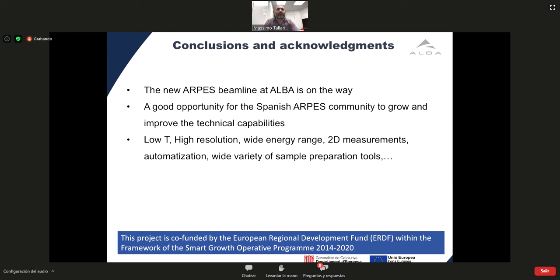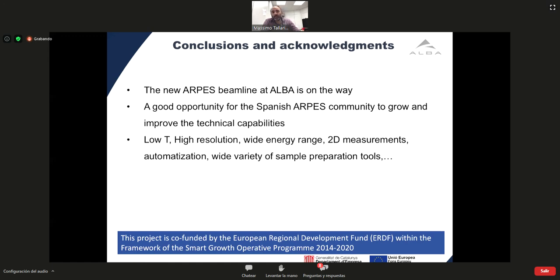As I said, I wanted to be very fast and give you more time for questions, because this may help more than pictures. This is just to say that the ARPES is on the way. We are commissioning the beamline right now. And this is a good opportunity for the whole ARPES community, in particular for the Spanish ARPES community.